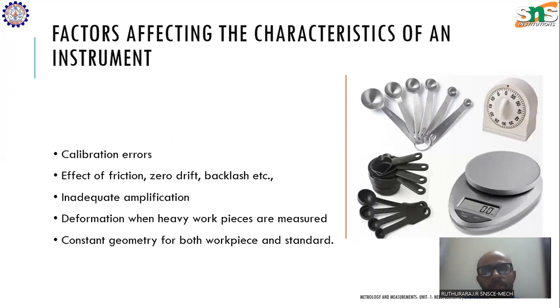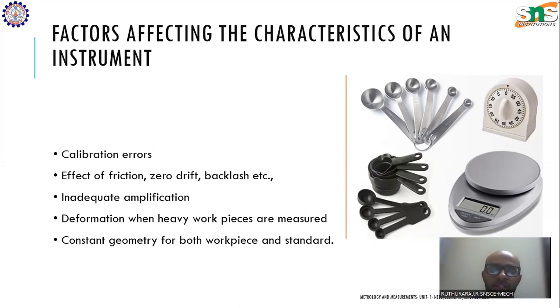What are some of the properties that affect the quality of the instrument? Calibration error, inadequate effect of friction, zero drift. Friction plays a major role here. Then inadequate amplification. Amplification is increasing the measured value. For example, there may be a very small change in voltage, but a very accurate instrument has to show it on a larger scale.